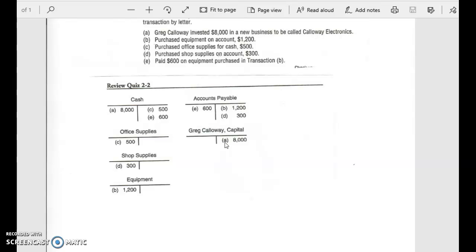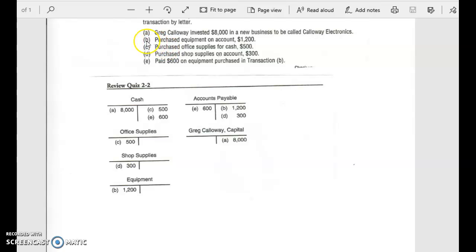So the other half of transaction A is an $8,000 credit to Greg Calloway Capital. And you see we have it, the letter A identifies it, and then here is the amount on the right side or the credit side of the T account. That's all you need to do with the first transaction.